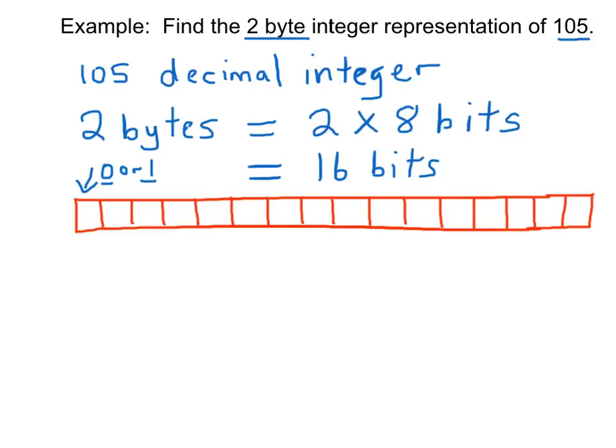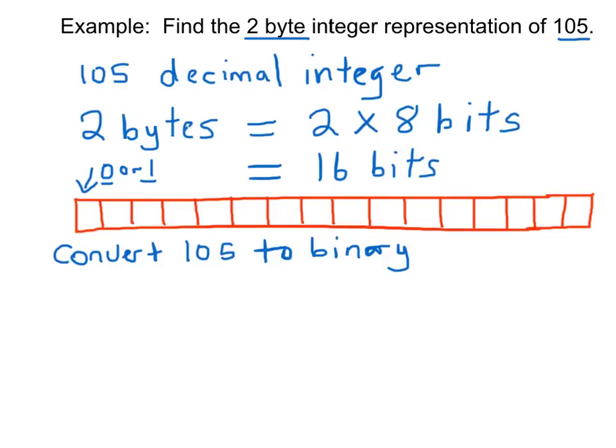So what I have to do is convert 105, the decimal number, to binary. Now you can do this on your calculator directly if you have a calculator that does these conversions for you. Alternatively, you can do it by hand by dividing 105 repeatedly by 2 and writing the remainder after each division, and then reading this remainder from the bottom upward, and you'll get your binary answer.